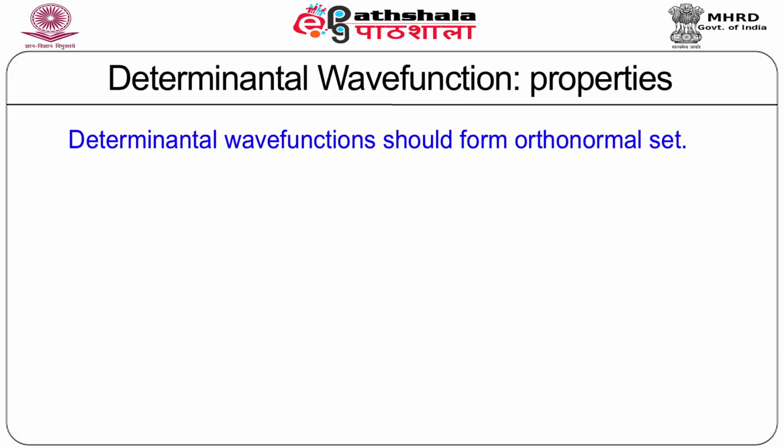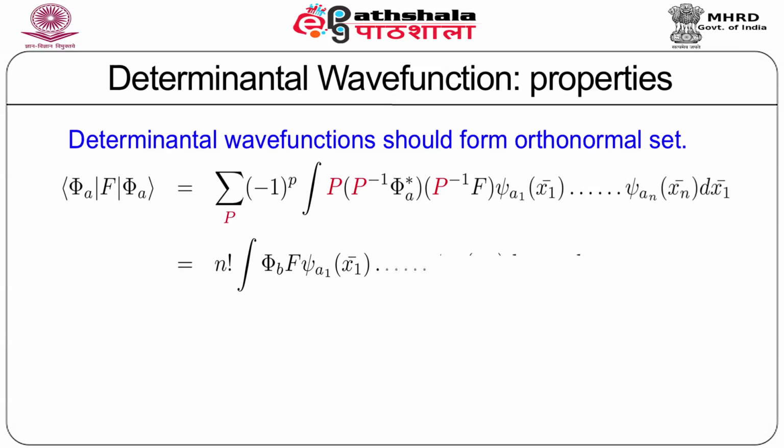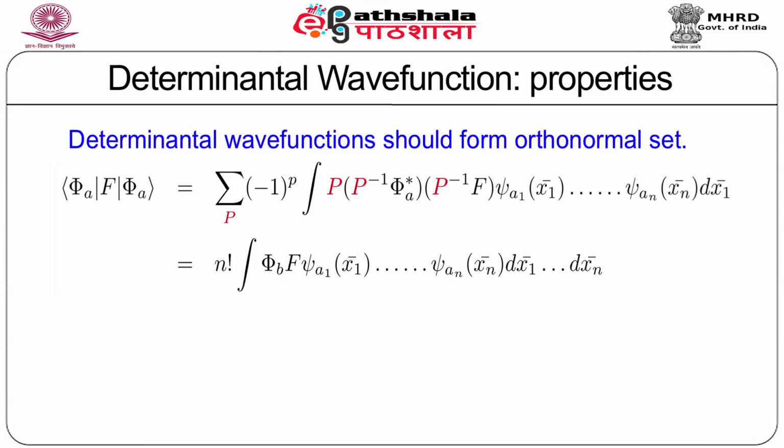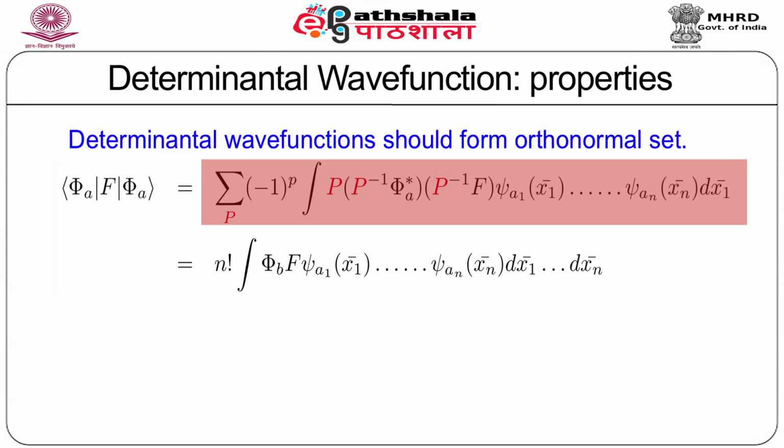The determinantal wave functions should form an orthonormal set. This can be proved by considering a general symmetric operator f. Since it's a symmetric operator, it has the property capital P times f equal to f. Using this property, the matrix element can be written in the following way as is shown here.